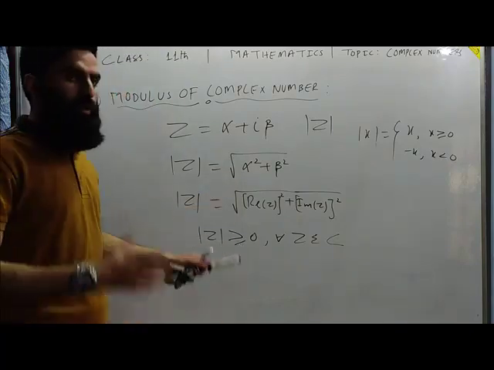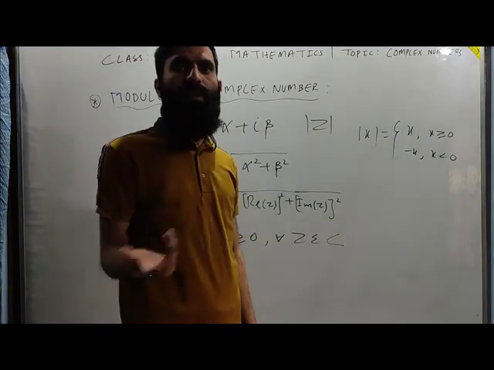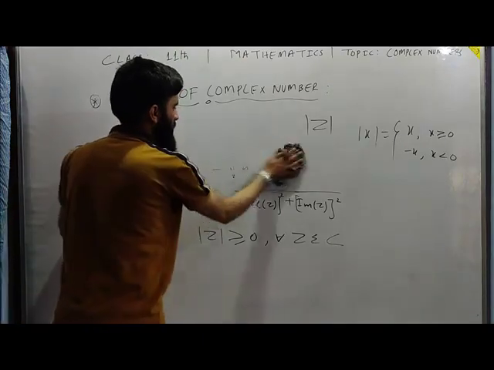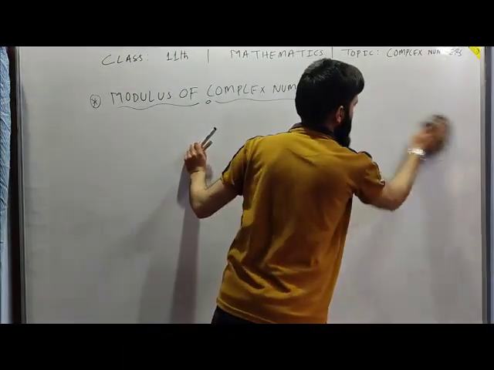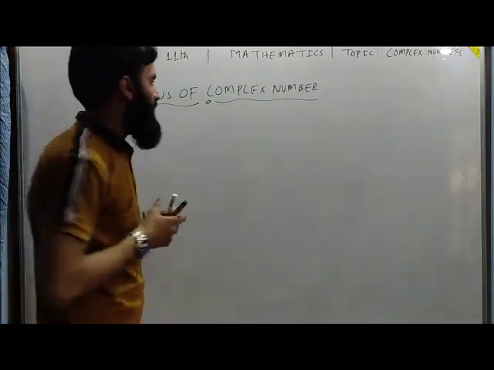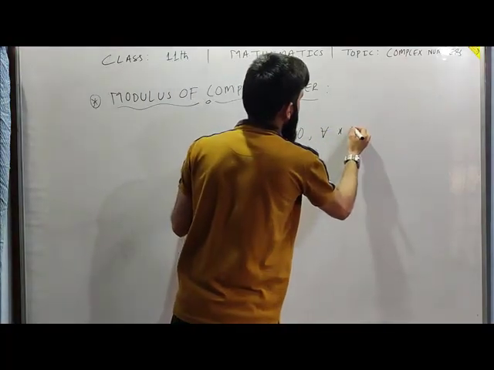So let's calculate the modulus of some complex numbers. Let's take a few examples and determine their magnitudes. Let me remind you of one concept: x square is greater than or equal to 0 for all x belonging to reals.